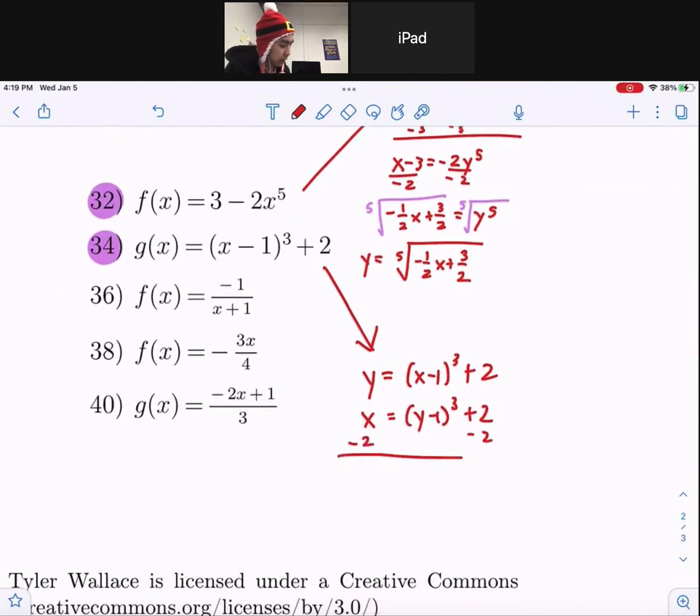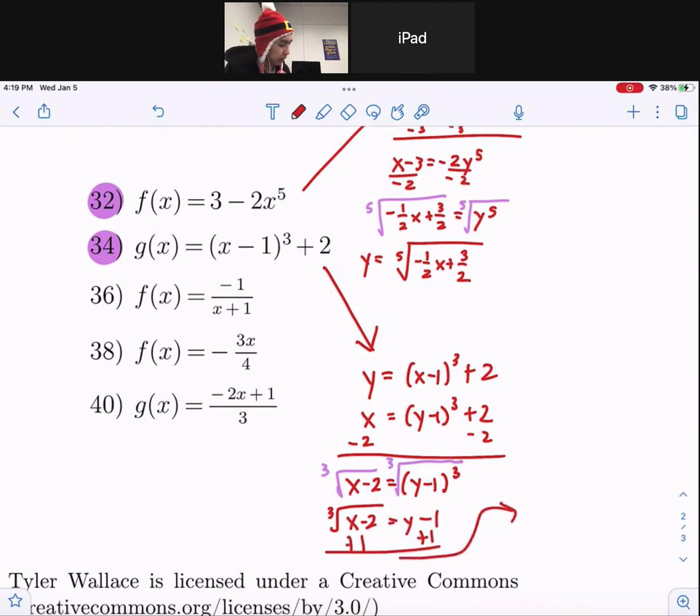Subtract 2 from both sides. x minus 2 equals (y minus 1) to the third. To get rid of that third degree, cube root both sides. So the cube root of x minus 2 equals y minus 1, and then add 1 to both sides. And that is going to be your inverse function.